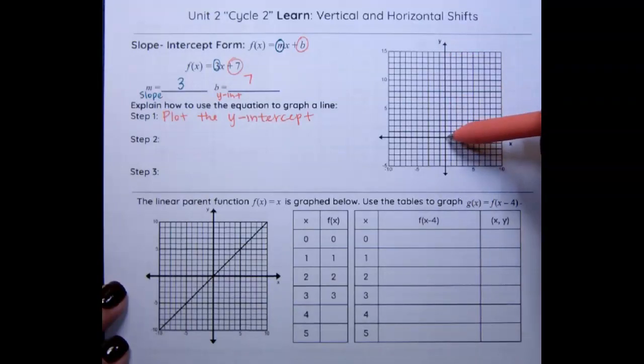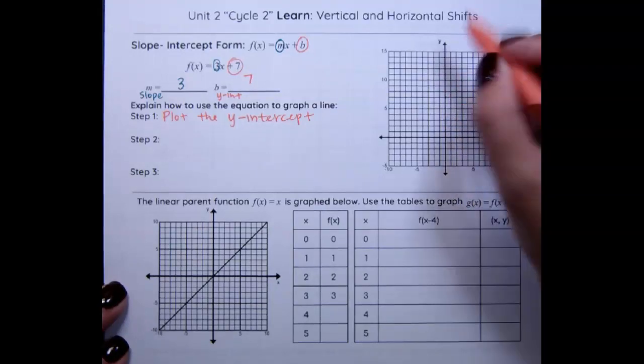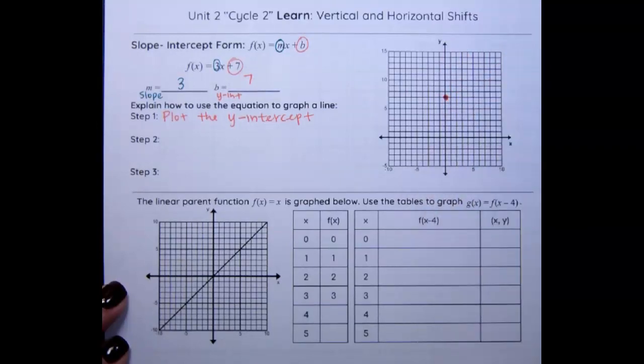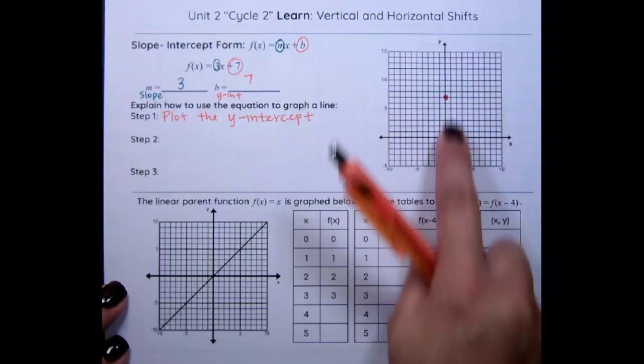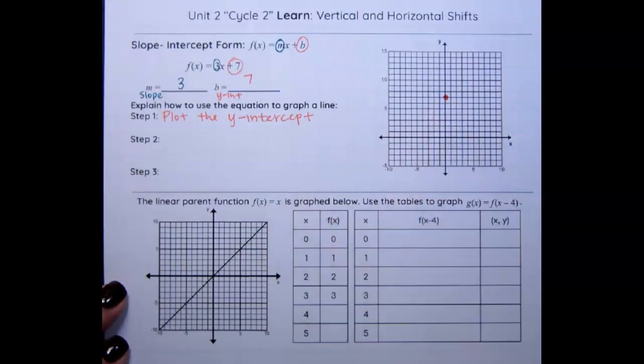My y-intercept is 7, so I'm going to move up 7 places or 7 spaces and put my first point there. 1, 2, 3, 4, 5, 6, 7. So that's step 1. I took this number and I put it on the y-axis because it is my y-intercept.